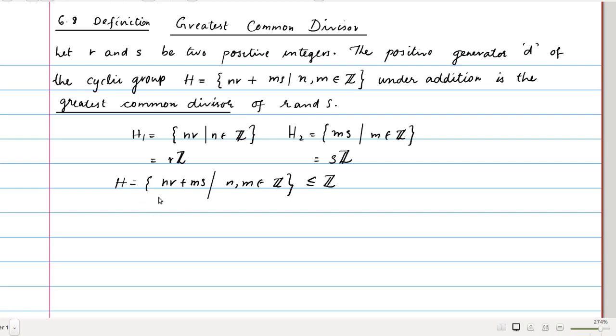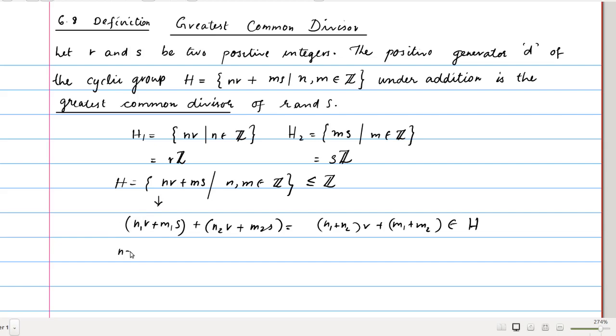First of all, you can easily prove that this is a group. We write the closure property. If we choose an element n1R plus m1S from this, and another element n2R plus m2S, then you can write the sum as (n1 plus n2) times R plus (m1 plus m2) times S. So this is again an element of H. So H has the closure property, and we can verify the identity element.